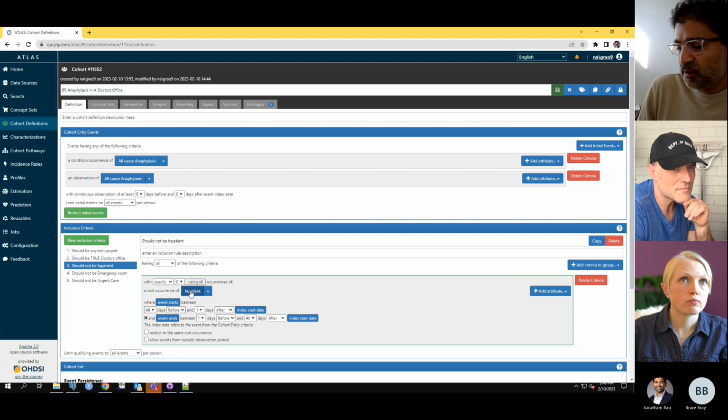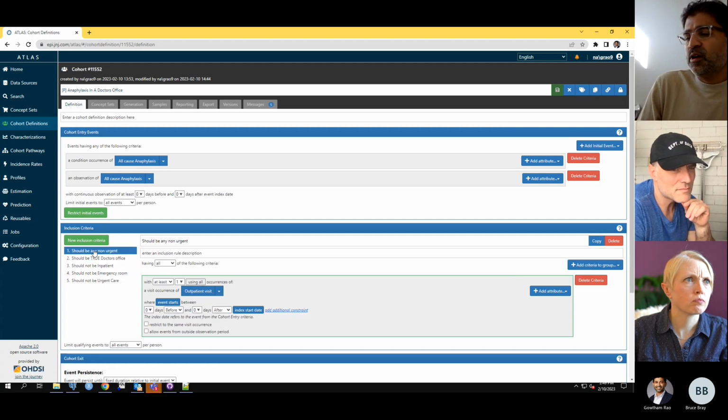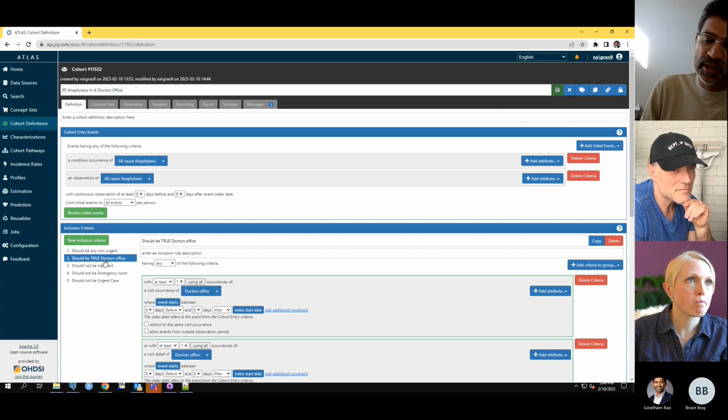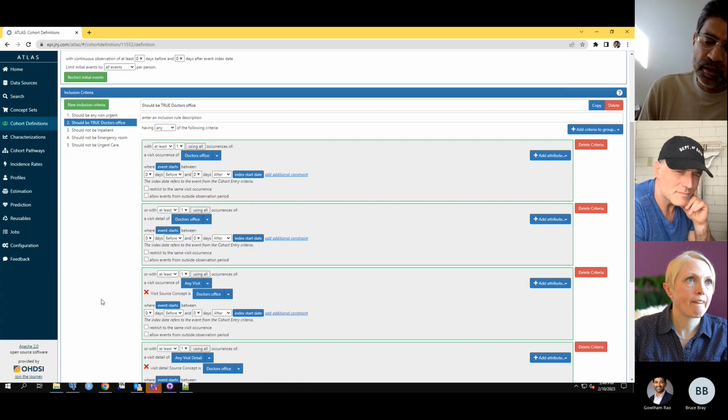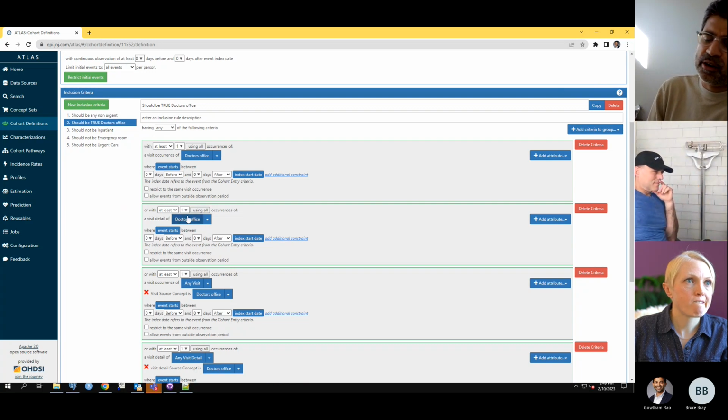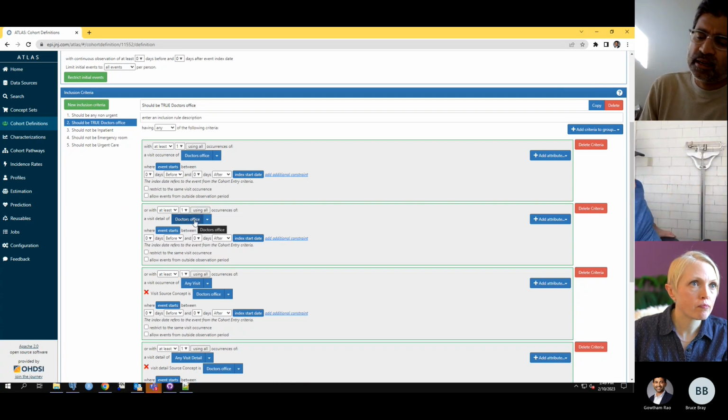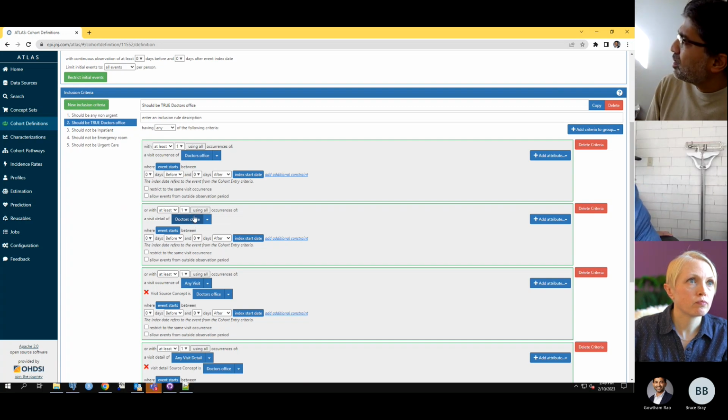This should be fine too, because this is a parent concept. It's only this one that it's affecting, because this is part of the visit. Essentially, what I'm saying is these concept IDs are probably not populated in most of the data sources.